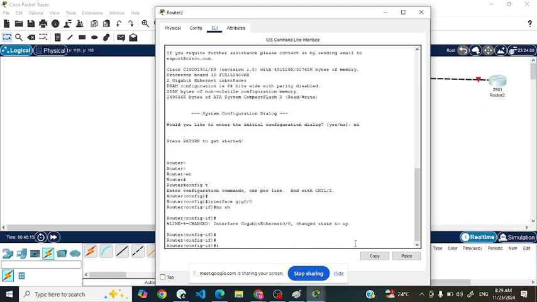Here I am using a separate subnet, with IP address 10.0.0.6. What will be the subnet mask? /30. The last octet will be 252. 252.